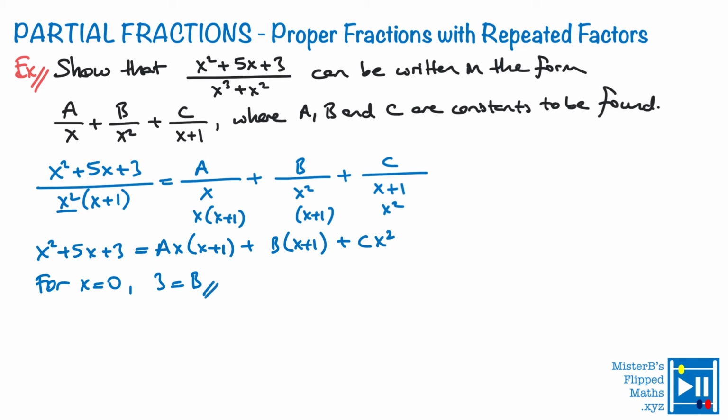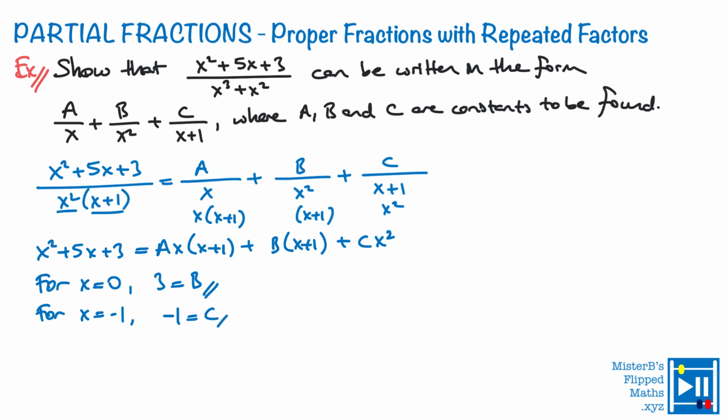Very easy. The second factor's root is minus 1. So let's substitute that. This time the first two terms will cancel out, and I'll be calculating the third term. The left-hand side will be minus 1 equals, well, minus 1 squared is 1, so it's going to be c.